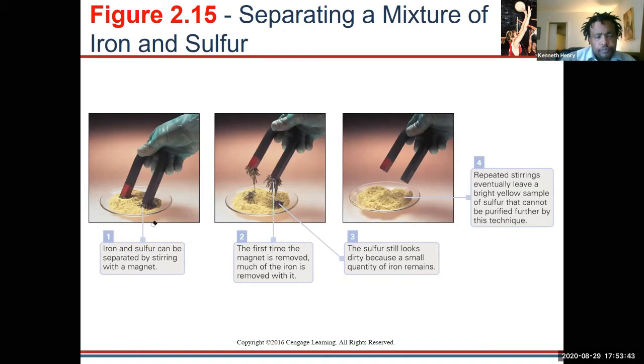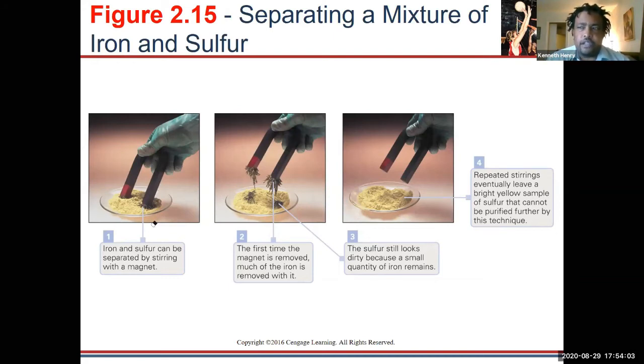Now, I can separate the sulfur from the iron by just swiping over a magnet. Make sense? Sir, can you say that again? I can separate the iron from the sulfur, right?